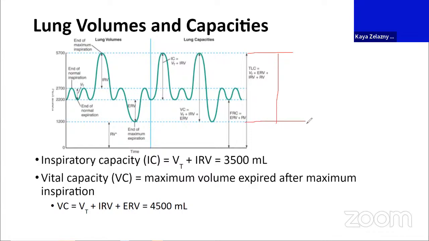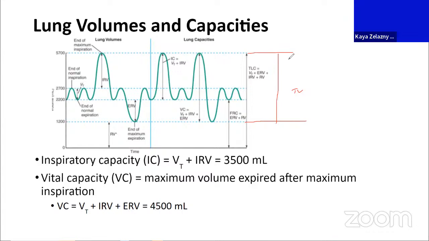So the vital capacity is essentially the total amount of air you can move, right? So not just in, not just out, but all of it. In terms of calculating that, we're going to add up the tidal volume that was in the middle there.